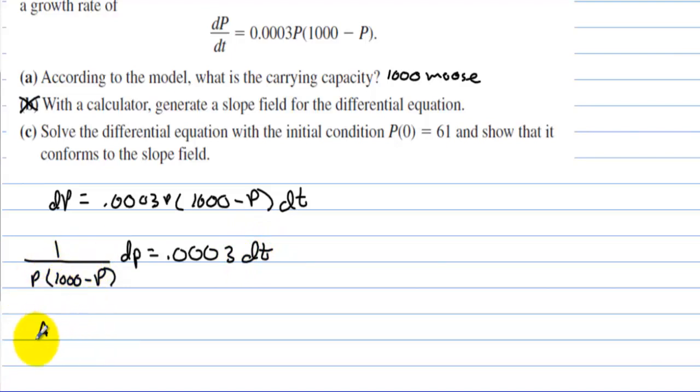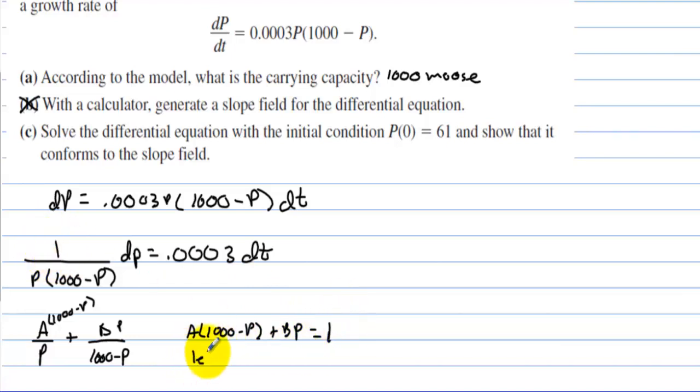We need A over P plus B over 1,000 minus P. Let's get common denominator. We need to multiply this by 1,000 minus P and this one by P. Now we have A times 1,000 minus P plus BP, and that's equal to this numerator over here, 1.